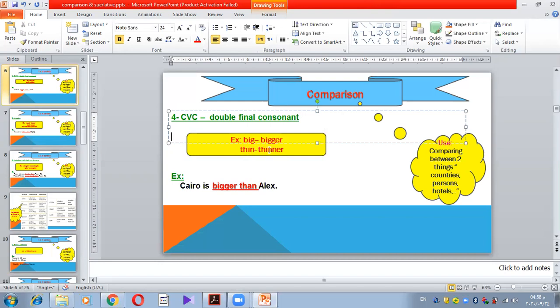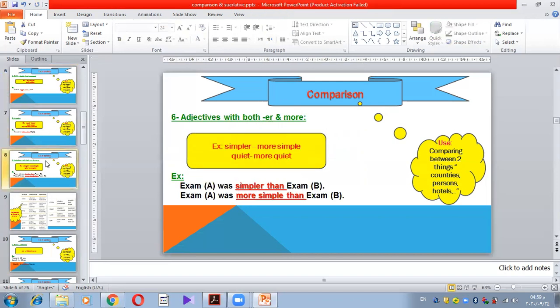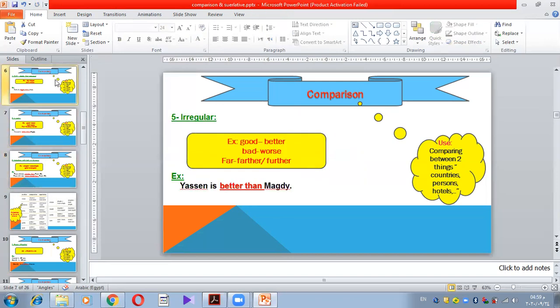We double the final consonant, N or G or whatever, and then we add the ER. So Cairo, Alex: I have two cities here and I compare between them. Cairo is bigger than Alex. That's rule number 4.